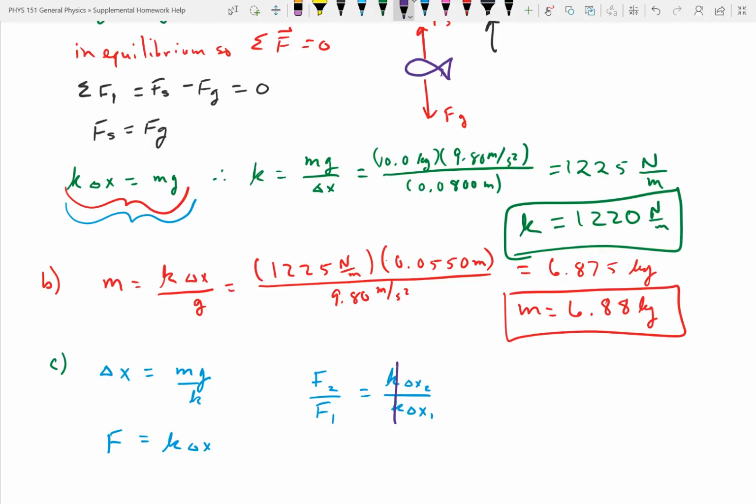And then I will just put in my force 2 is G times mass 2, which is 1/2 kilogram, because it says for a 1/2 kilogram. Force 1, I'll put in what they gave me, G times 10 kilograms. So my G's are going to cancel. Is equal to delta X2 over delta X1, which was 8.00 centimeters.